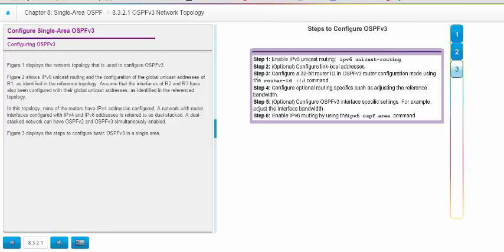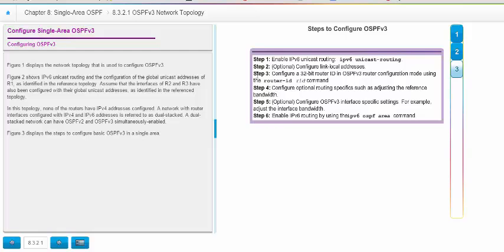Now, you need to enable your IPv6 unicast routing, configure your link local addresses, and configure a 32-bit router ID in OSPF version 3 router configuration mode using the router-id command. You're going to configure optional routing specifics, such as adjusting the reference bandwidth if you need to.